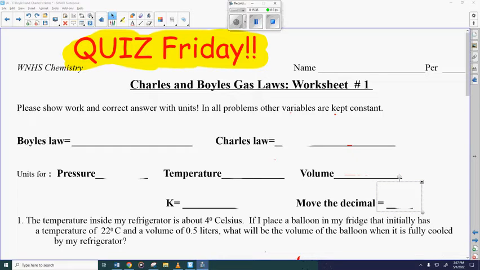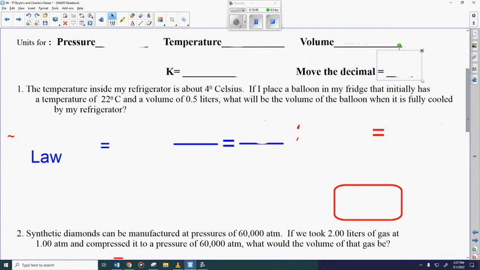Okay, so now that you all have this worksheet, let's take a look at how to do the first couple of problems here. As I'm reading through, sometimes I like to highlight or underline information that I deem important, especially when I get to a number of some kind. It says the temperature inside my refrigerator is about 4 degrees Celsius. All right, noted.